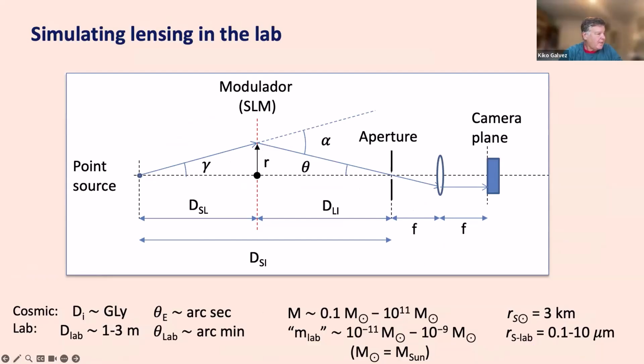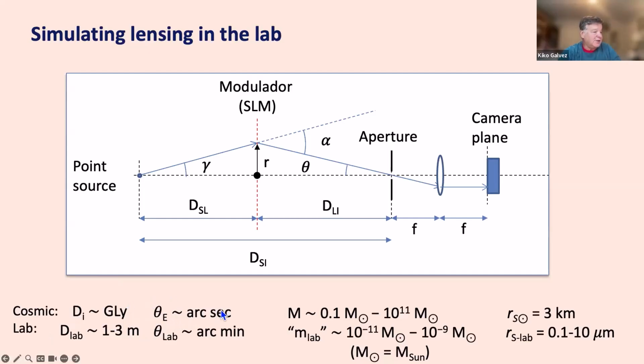And then down here, you have some parameters so you can see the comparison of what is out there and what we are doing. The distances are of the order of giga light years, compared to, in the lab, the order of meters.